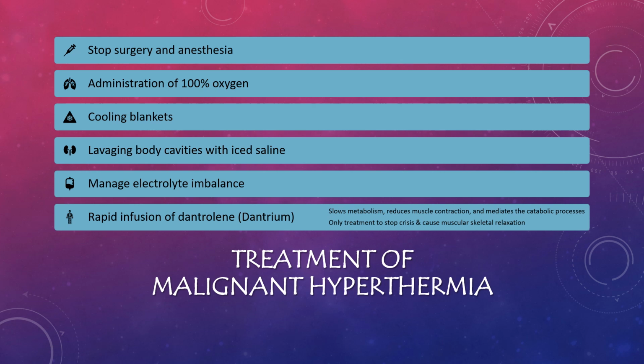So we have to reconstitute dantrolene with sterile water. That takes a minute or two. So that's why the dantrolene medication is the last step, because we can do everything else first while we could have a dozen or so people mixing the doses of dantrolene.